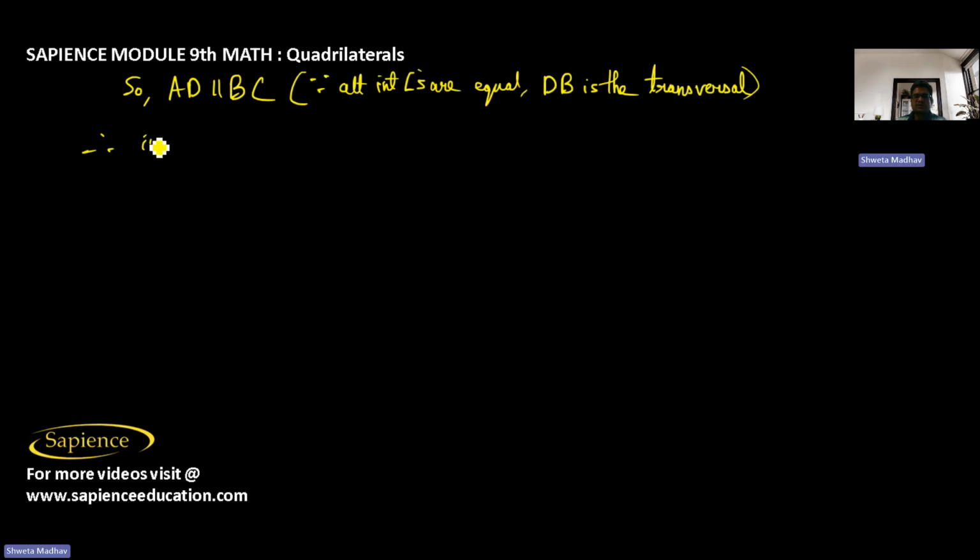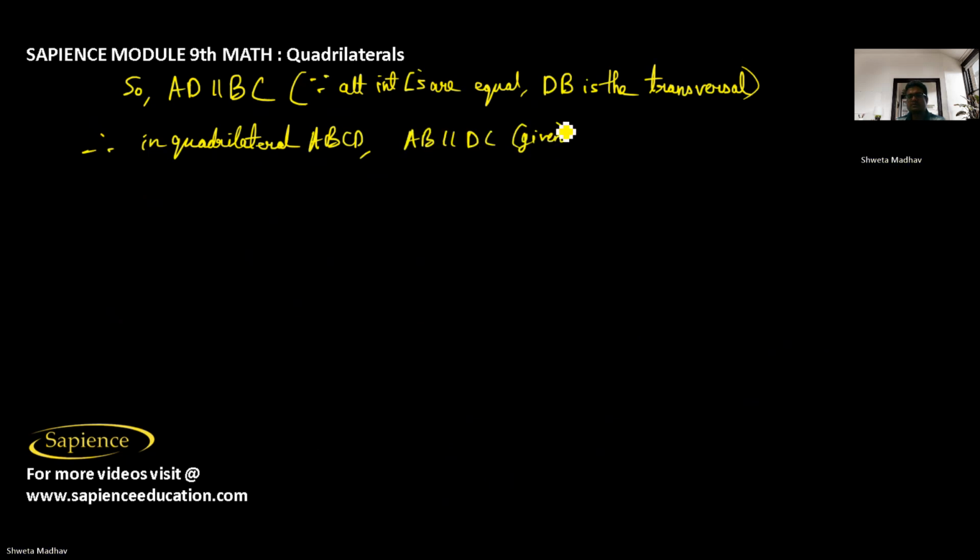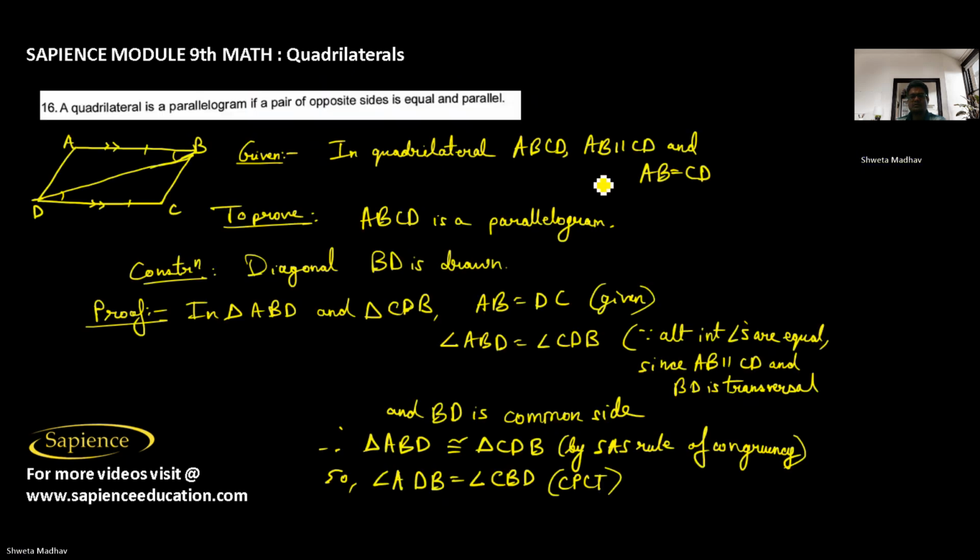So therefore, I can say that in quadrilateral ABCD, AB is parallel to DC, which is given, and AD is parallel to BC, which is also proved above. So therefore, we can say that ABCD is a parallelogram.